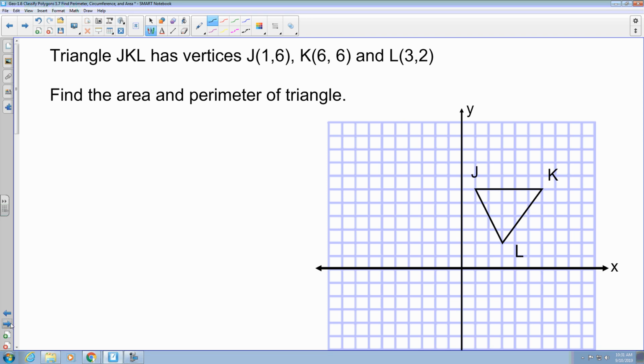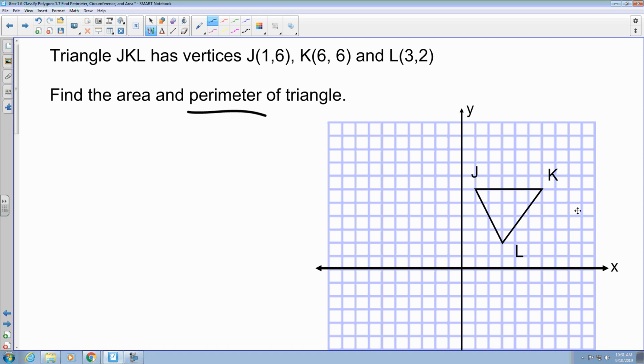All right, so here it says triangle JKL has vertices at (1, 6), (6, 6), and (3, 2). So they're asking us to find the perimeter and the area. Okay, so in order for us to find the perimeter, we need to find the distance of all three sides.